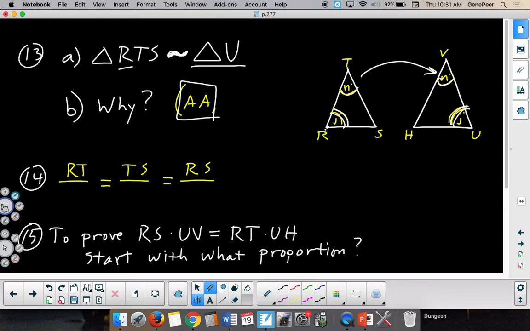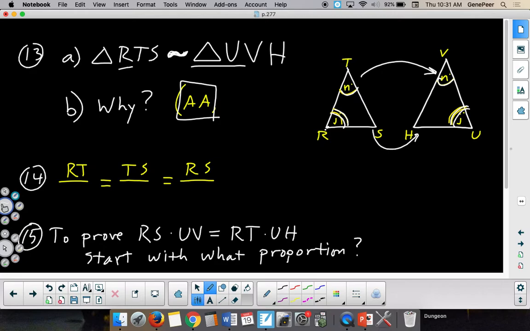These angles are congruent. So T matches up with V. And then S, the only thing left, matches up with H, the only thing left. The only correct answer is UVH. Any other order is wrong.